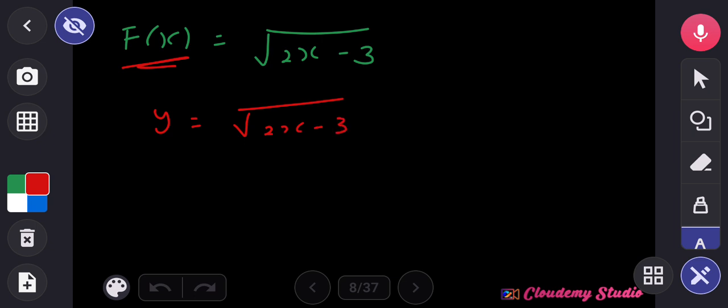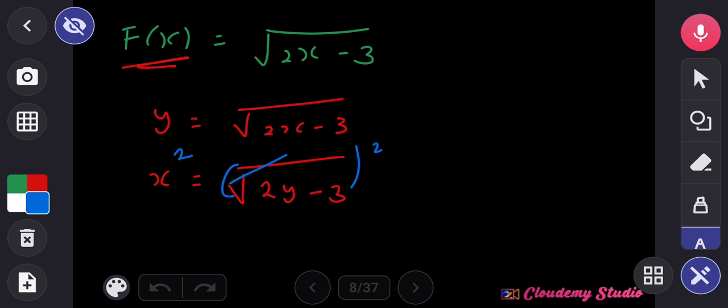The next thing is to swap x and y, which means I'm going to be having x equals root of 2y minus 3. The next thing is to make y the subject of the formula. The only way you can make y the subject of the formula in this case is by squaring both sides. Square this side, square this side as well.